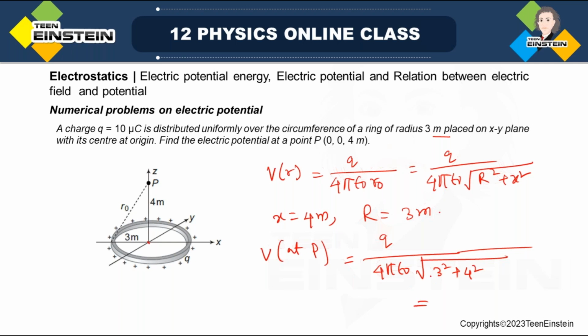We just put the value of 1 by 4 pi epsilon naught and q. 1 by 4 pi epsilon naught will give you 9 into 10 to the power 9, and q is 10 into 10 to the power minus 6 coulomb. So 9 into 10 to the power 4 divided by 5.